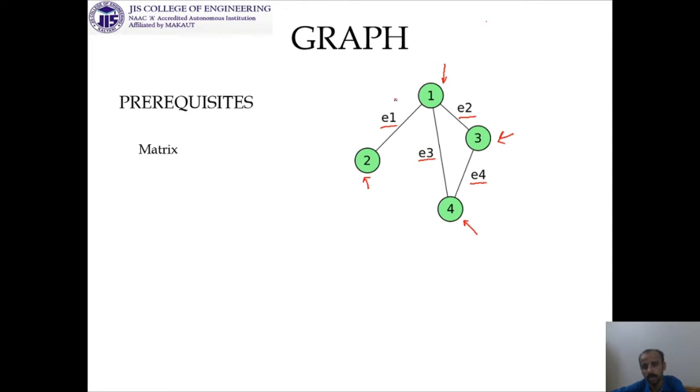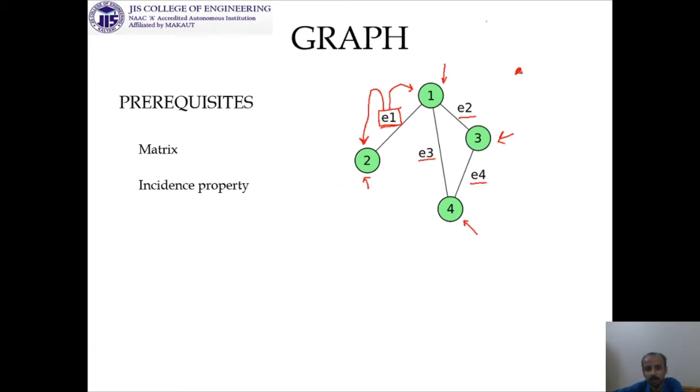On what basis we are going to construct the matrix is the incidence property. This property was already discussed in the previous classes. Still, we can claim that E1 is incident on the vertex 1 as well as E1 is incident on vertex 2.